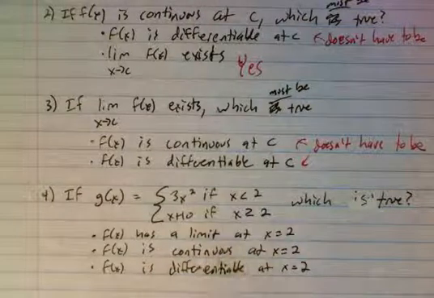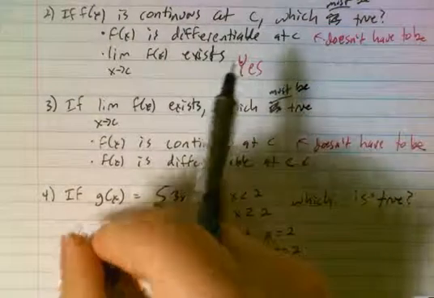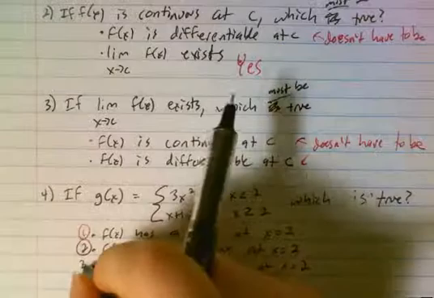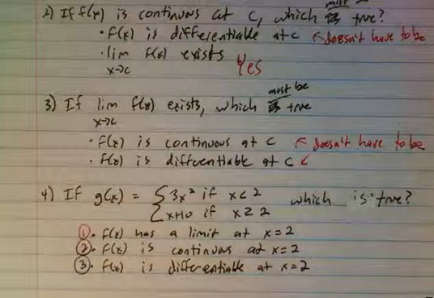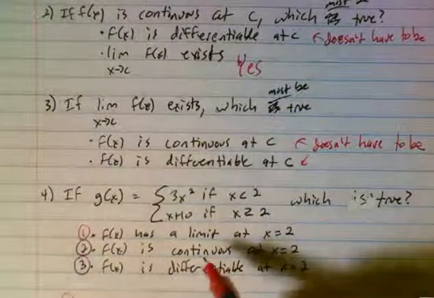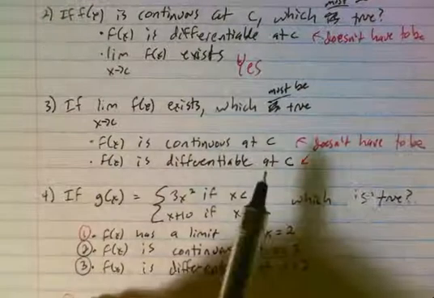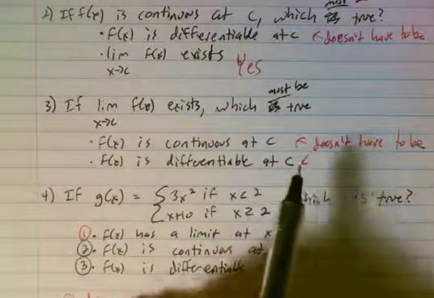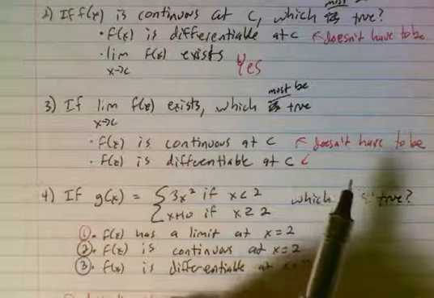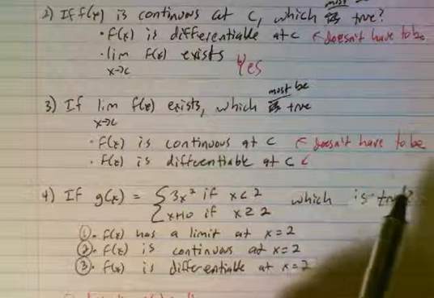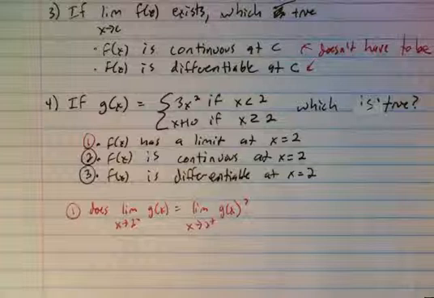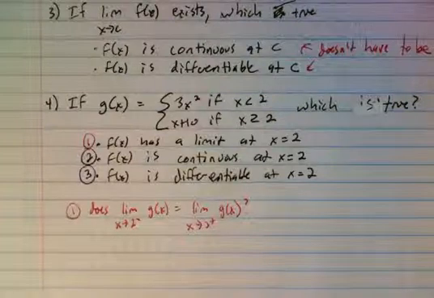It has an overall limit if, I'm going to number these, let's do 1, 2, and then 3. So to find out this first one, overall limit just means that they've got the left limit and the right limit. So let's go ahead and find that.